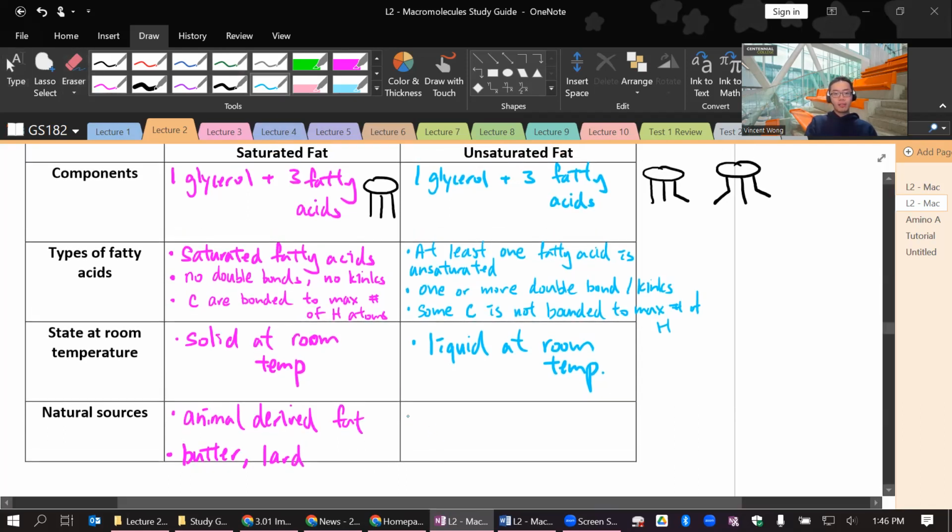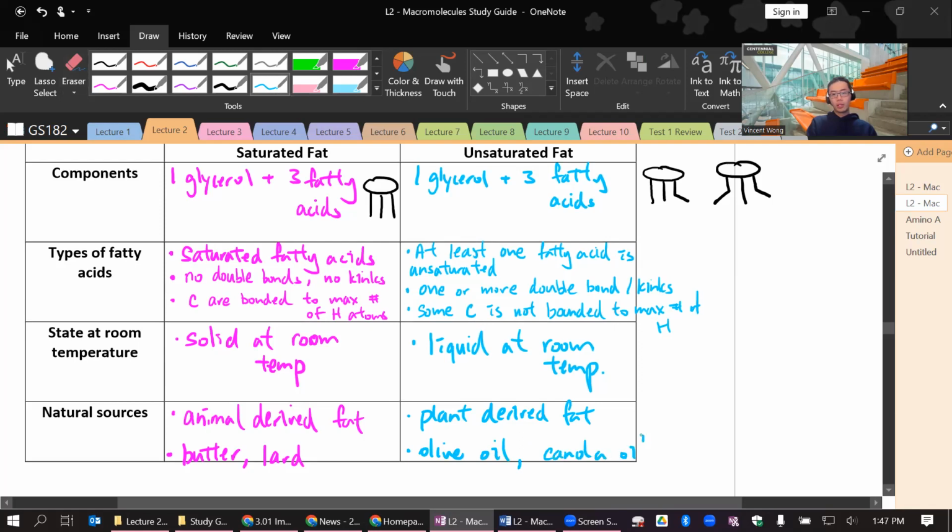What about unsaturated fat? These are usually plant derived, usually, okay, not always. Like coconut oil, it's saturated, even though it's derived from plants, right? Any examples of unsaturated fat before we move on? Just give me one. Olive oil, yep. Nuts.